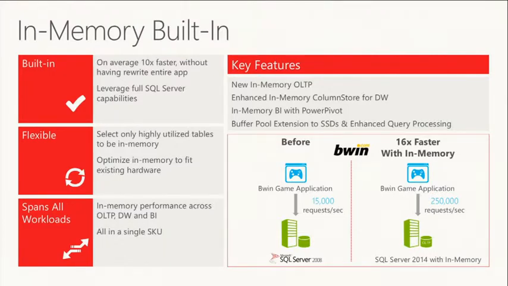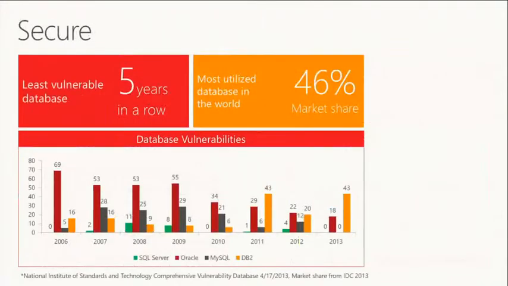Now, that is significant. If you look at the bwin website, you see bwin is an online gambling company. When I think about 15,000 transactions versus 250,000, there's a certain euro or dollar amount associated with that, right? So that's how you increase your business just using exactly the same hardware.